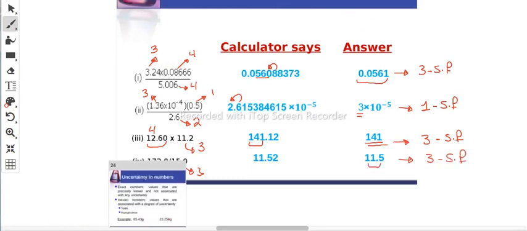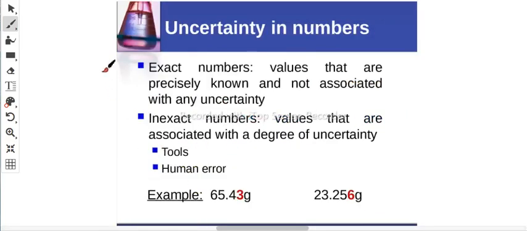Now, after learning how to find out the correct number of decimal places or the correct number of significant figures according to the calculations, we need to go into the second part of our lesson today, which is the uncertainty in the numbers.